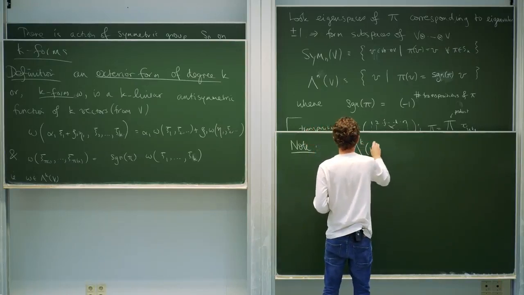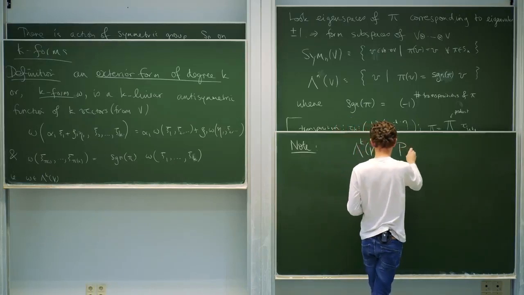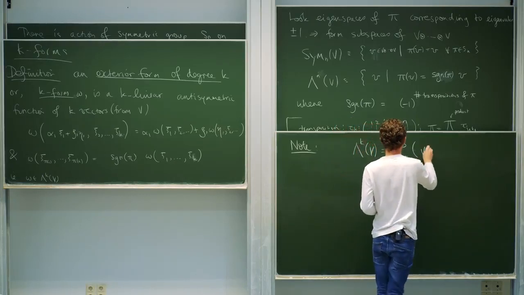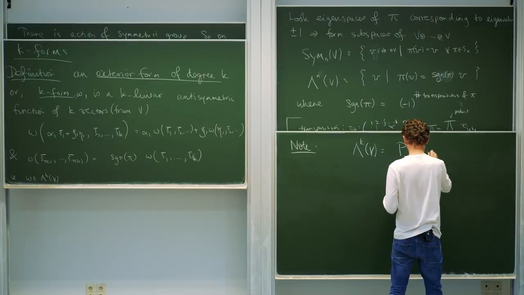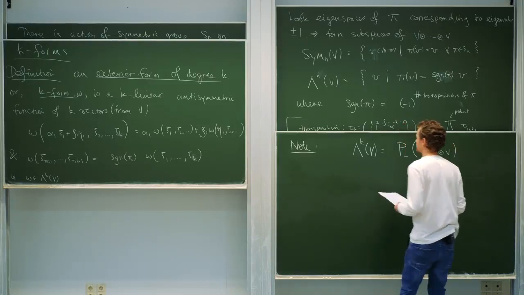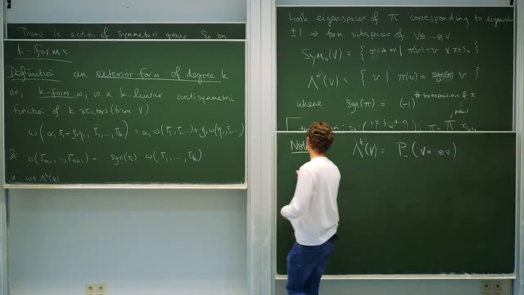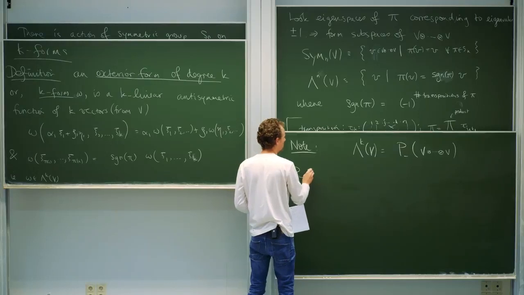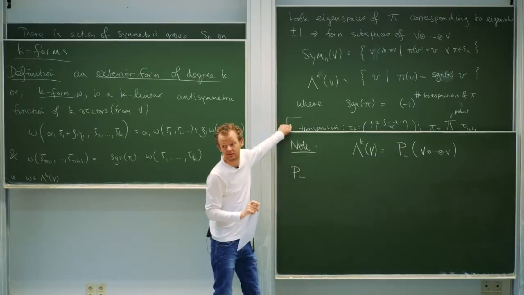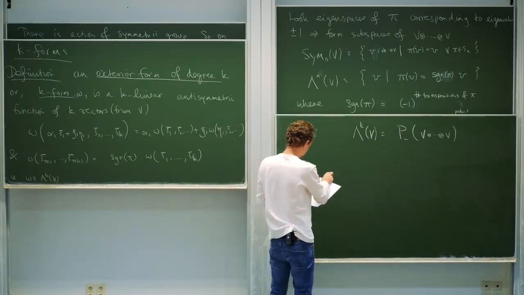Okay, wedge k V. So you can work out this vector space here by building the following operator, P minus. P minus is a projection operator. I'll write out what it is exactly.